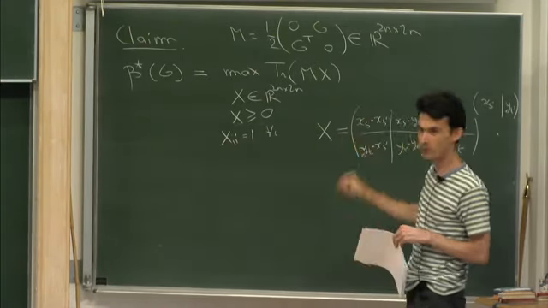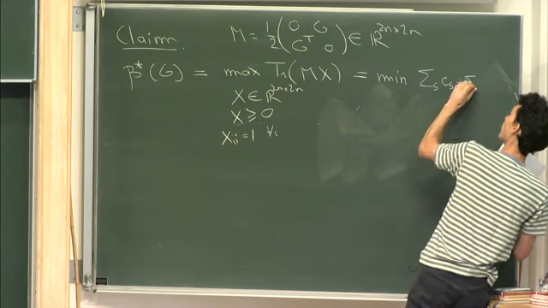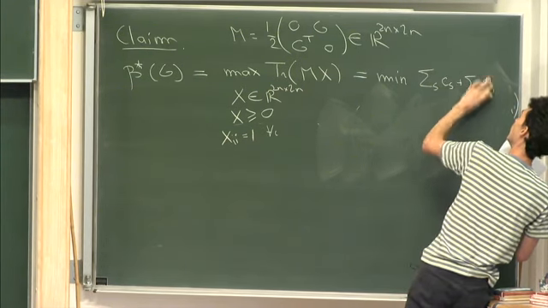The other advantage that we have of writing this explicitly as a semi-definite program is that we can use duality. So this is also equal, I'm going to write the dual SDP now, to the minimum of the sum over s of cs plus the sum over t of dt.